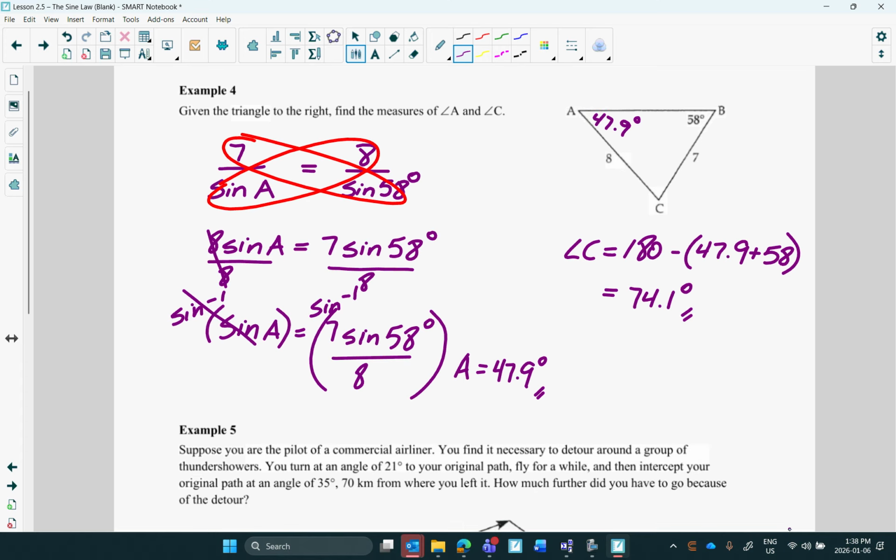So those are what we would call straightforward questions to find missing sides and angles using sine law. But usually what you should be expected to do is a bit more of a problem. Okay, an actual problem. So let's look at a couple of actual problems to finish this out.